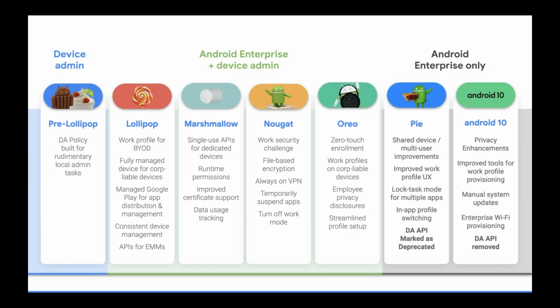But we saw a number of challenges come about with device administrator, like I mentioned, because it wasn't necessarily built for the purpose of being a management stack. So in Android Lollipop, we introduced Android Enterprise, the idea being that this is a set of APIs that is purely built for the enterprise, meant for enterprise management, to hopefully address not only the challenges that we're seeing in device administrator, but also to introduce new functionality and new security controls for our customers that are looking to manage and secure their Android devices.